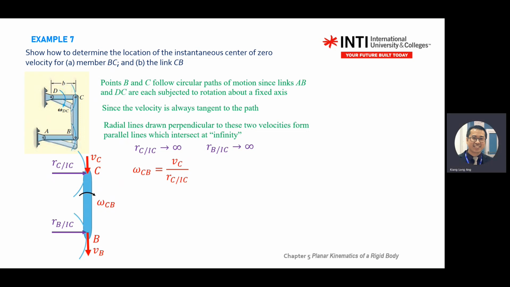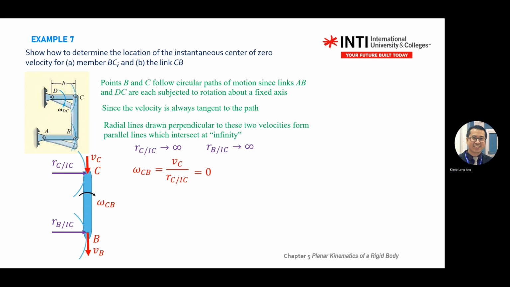So you know that R is infinity. V equals omega R. So you pull the C there, and you want to find your omega. It's 0. So there's no rotation by calculation, no angular motion.